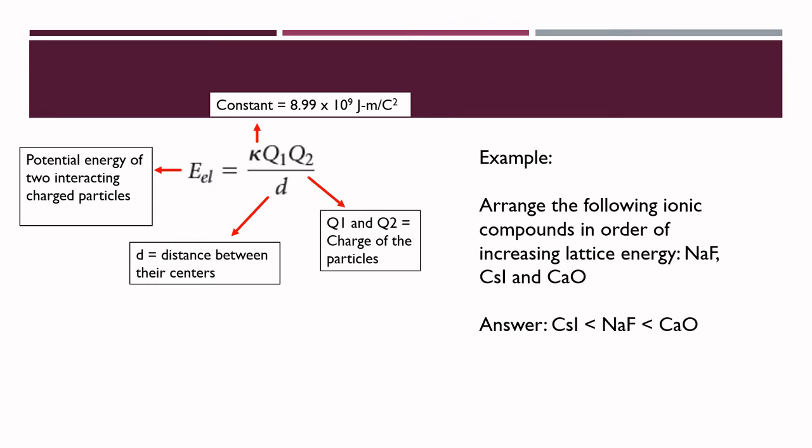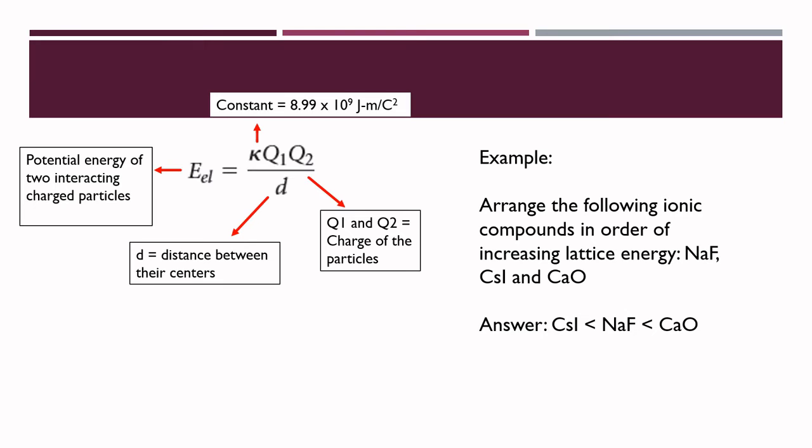Q1 and Q2 are the charges of the particles, and d refers to the distance between their centers. Based on the earlier definition, higher charges of the ions will increase the potential energy, and the distance here refers to the size of the ion. A smaller distance between their centers will increase the potential energy.